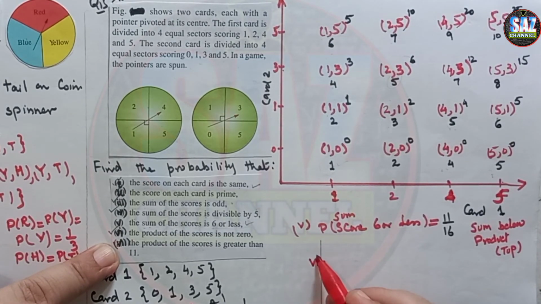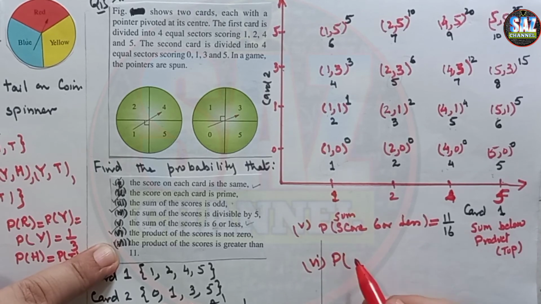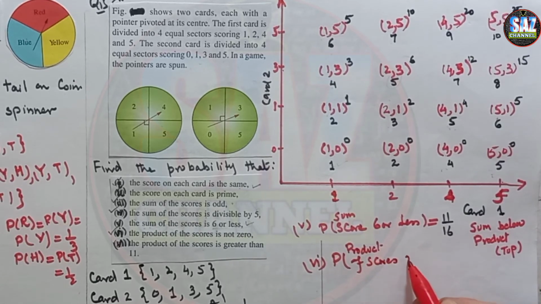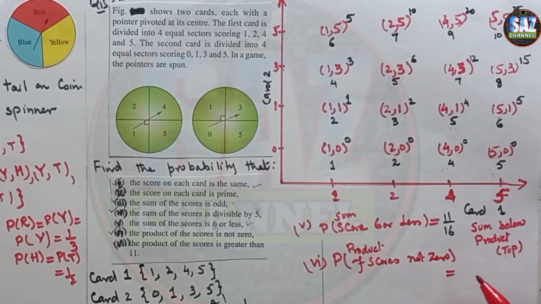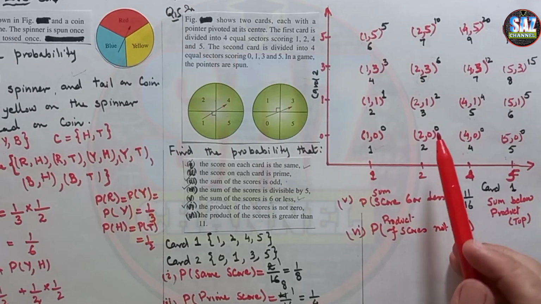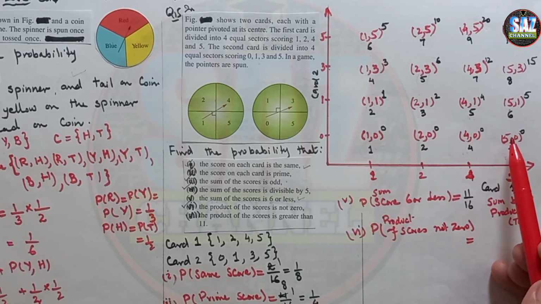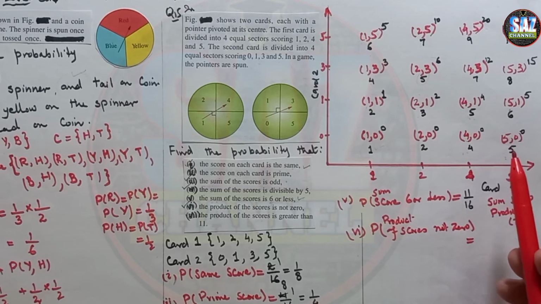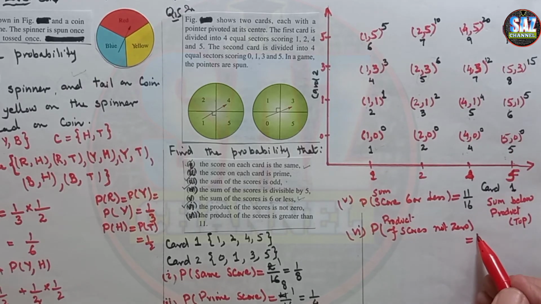Here we can see that 1, 2, 3 and 4 products are 0, and the rest of the products are non-zero out of 16. So if I take away 4 from 16, I will be left with 12 by 16.